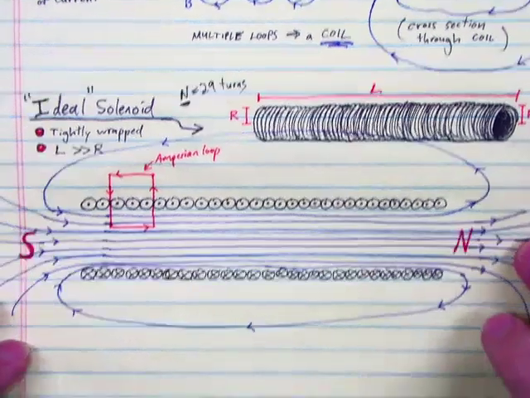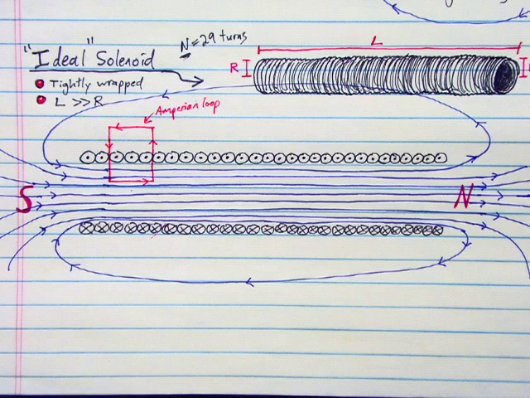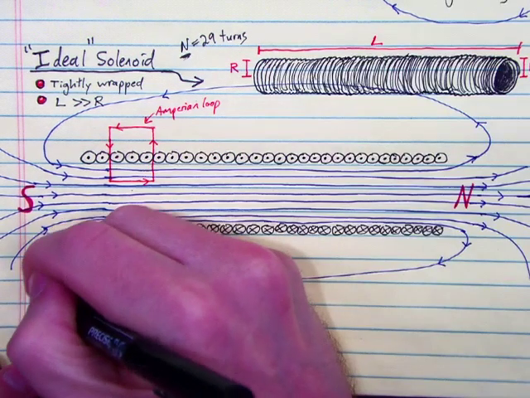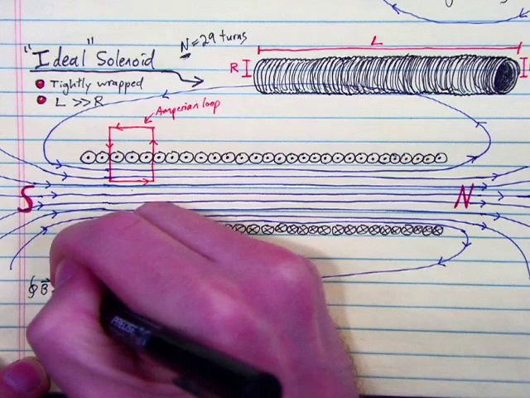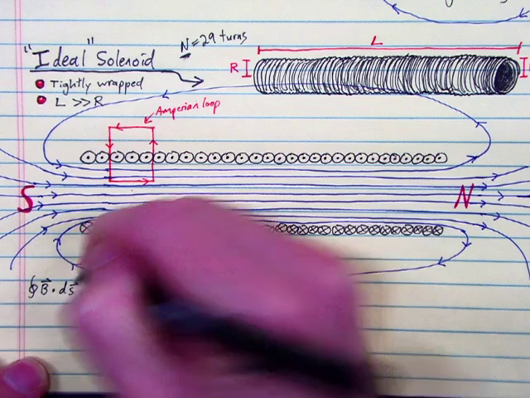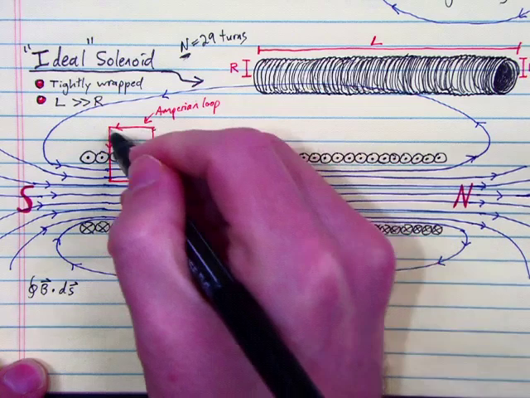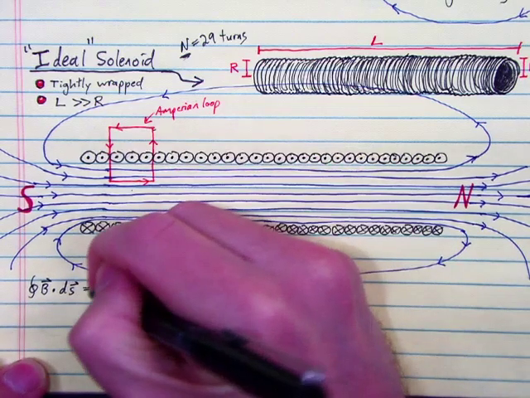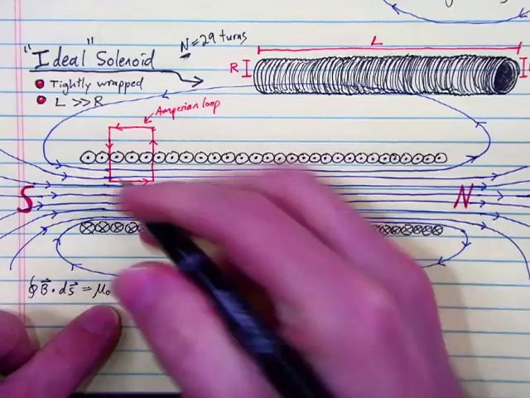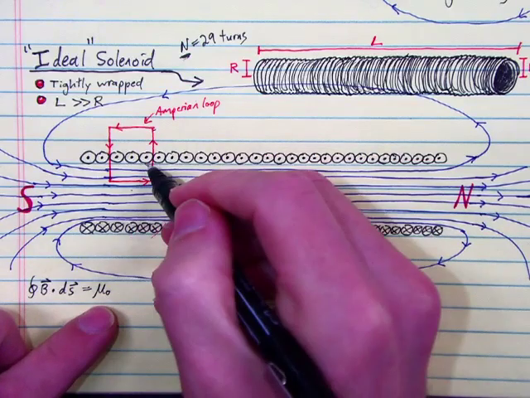Okay, let's apply Ampere's law to that loop. State Ampere's law down here. We integrate B dot ds all along the four sides of that path. We get mu naught times the current enclosed by that path.